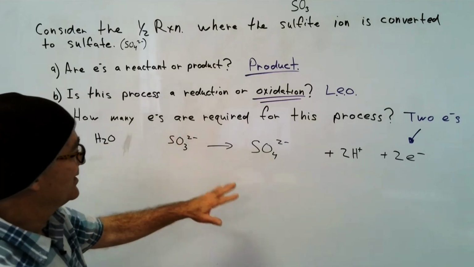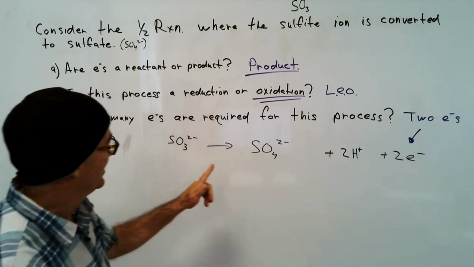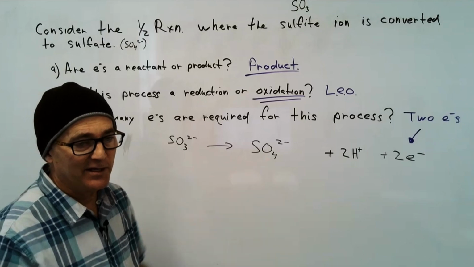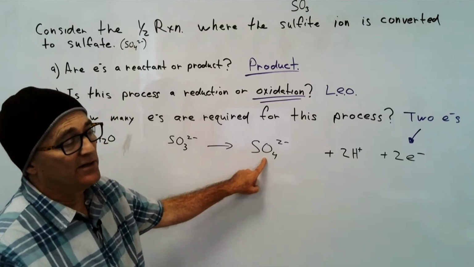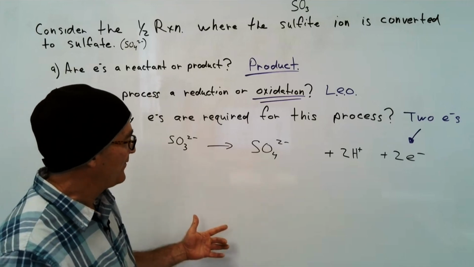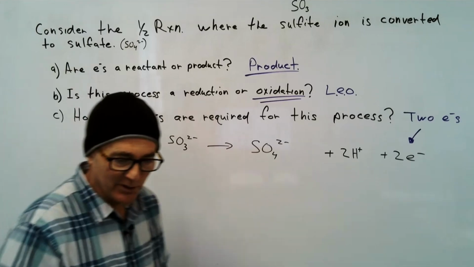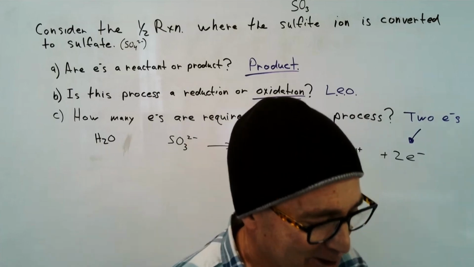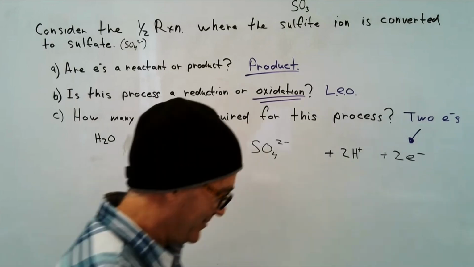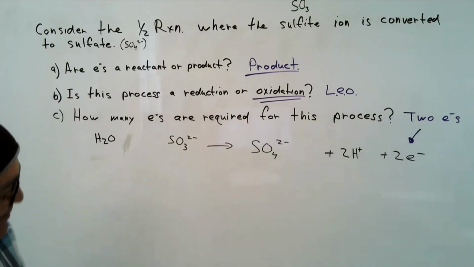I can look at this and say you oxidize sulfite, you get sulfate. You oxidize sulfate, you get persulfate, which is SO5 2-. So a little bonus chemistry information there.